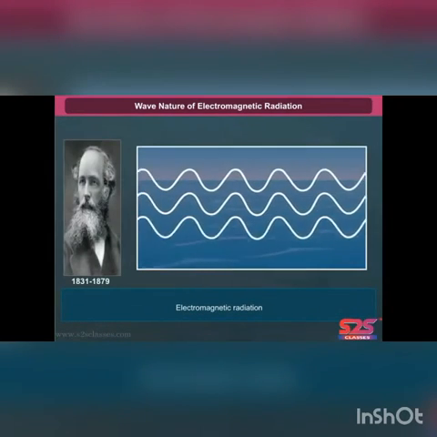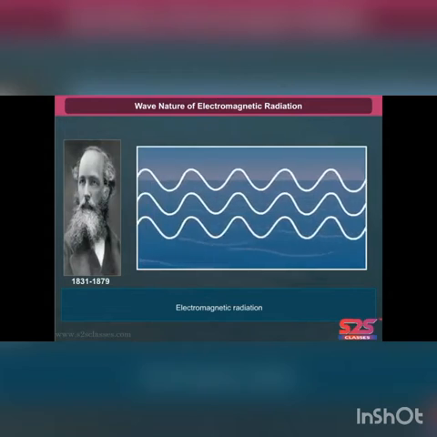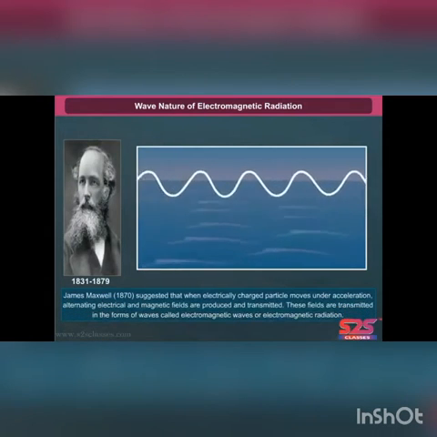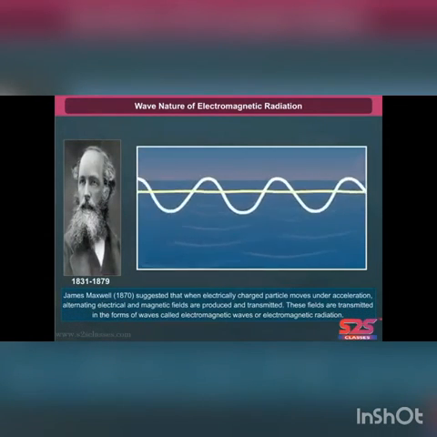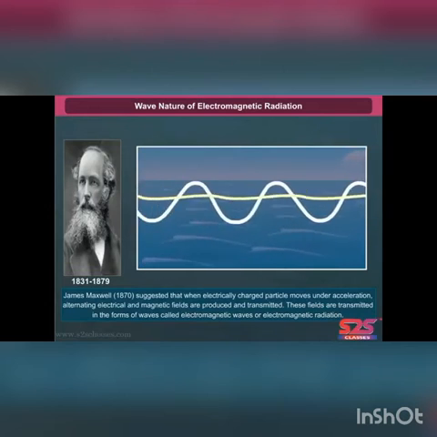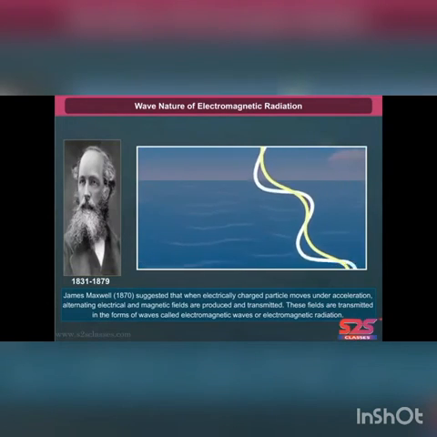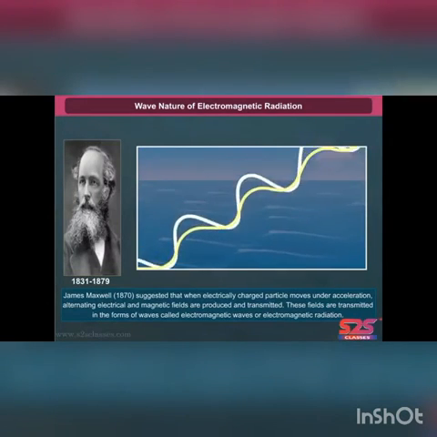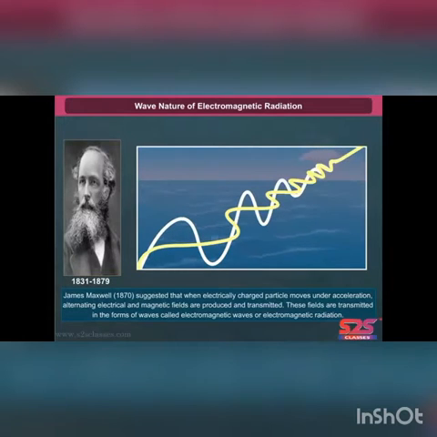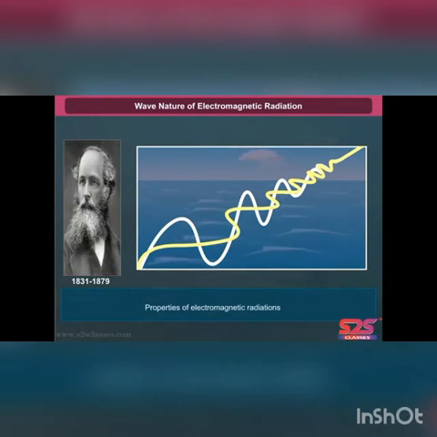Wave nature of electromagnetic radiation. James Maxwell in 1870 suggested that when electrically charged particles move under acceleration, alternating electrical and magnetic fields are produced and transmitted. These fields are transmitted in the forms of waves called electromagnetic waves or electromagnetic radiations.